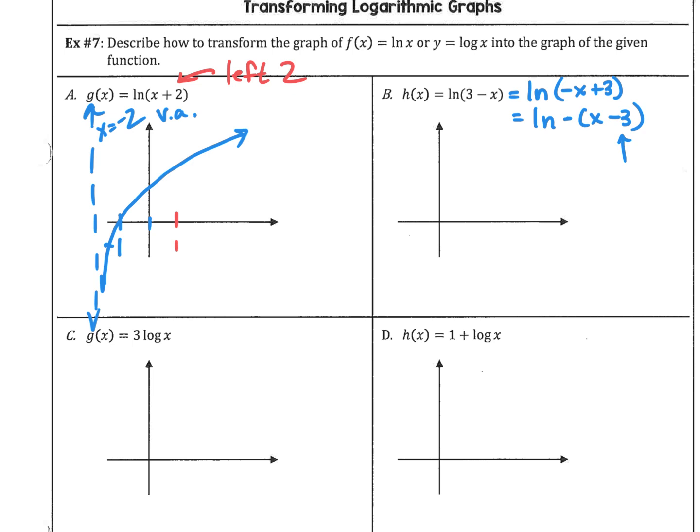It is right 3, isn't it? And what is this transformation? It's a flip across what? The y-axis, isn't it? Okay, we flip first before we move. So I want you to think about what that's going to look like.